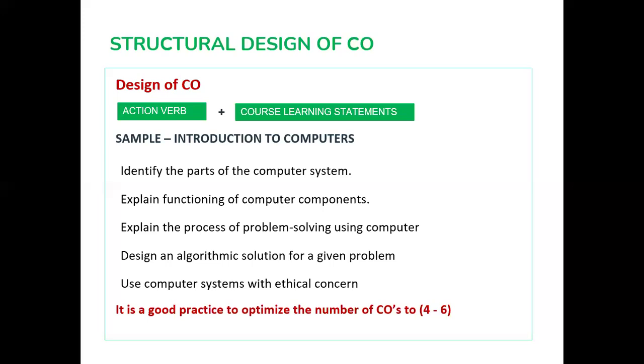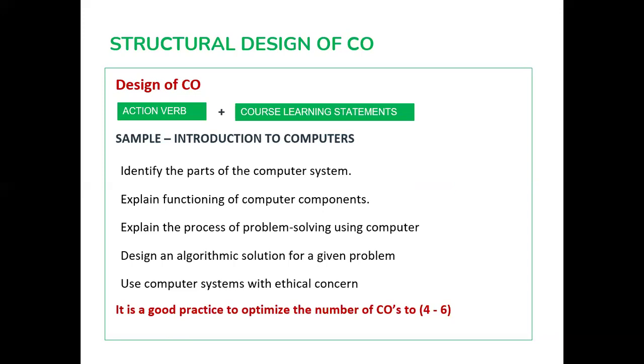You can design course outcomes horizontally or vertically, both ways. Horizontal means if you have different modules or units in the syllabus, for every module or unit you can have a CEO. That is what we call the horizontal way of designing the CEO.